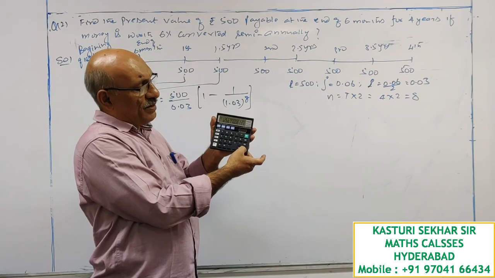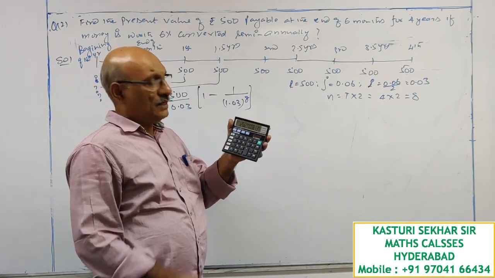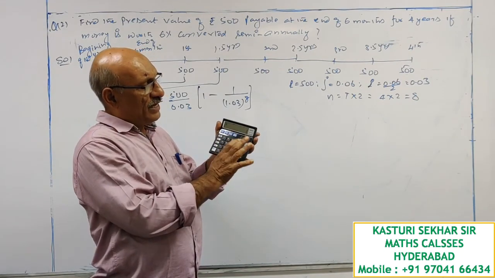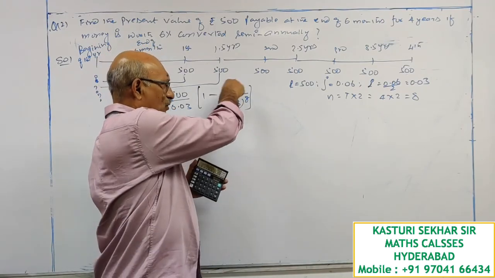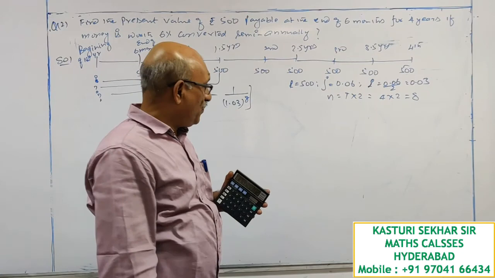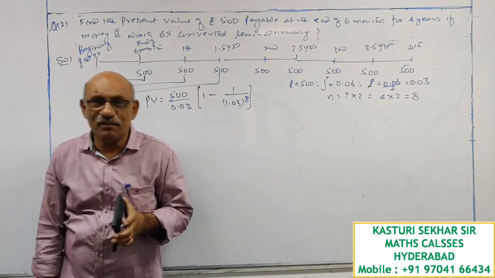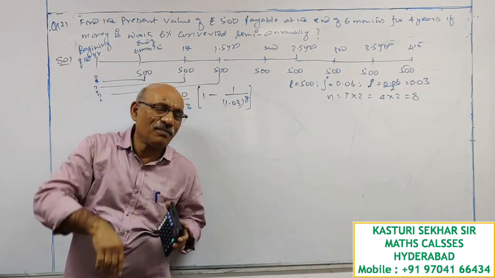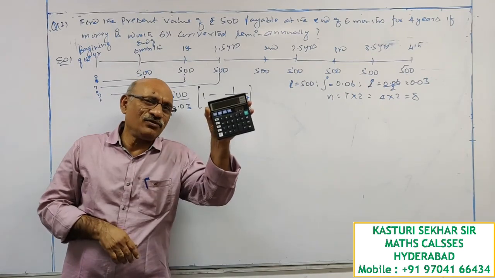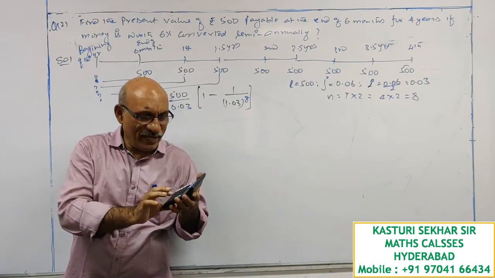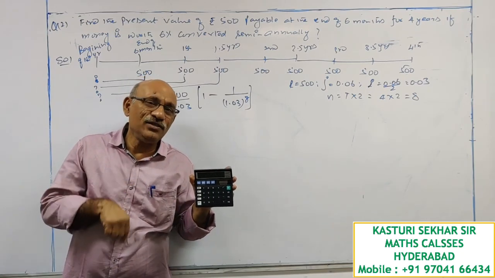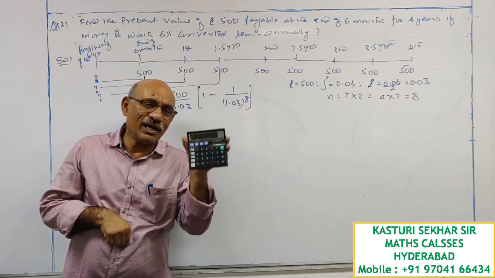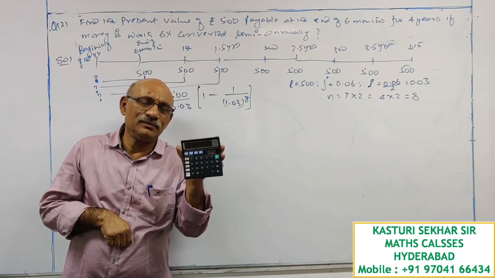I have to store it in memory, M plus button. After that 1 divided by MRC is equal to. This whole value 1 divided by 1.03 whole power 8 is simplified. Then it should be subtracted from 1, which is not possible on calculator. So minus 1. Then instead of showing a positive value, your calculator is showing a negative value.